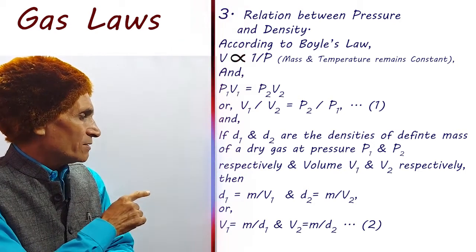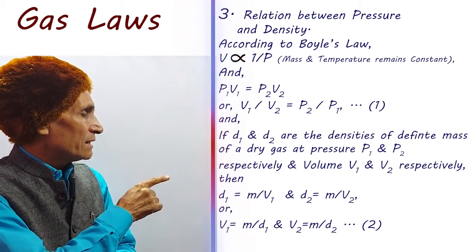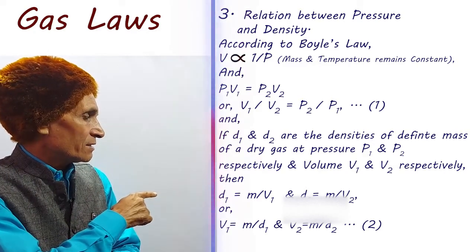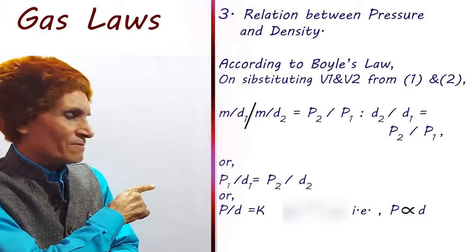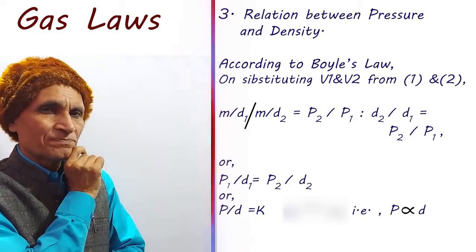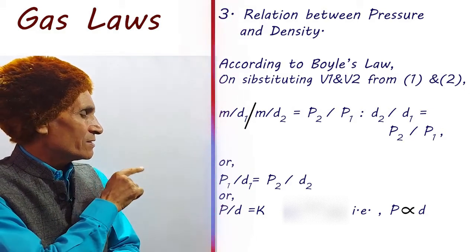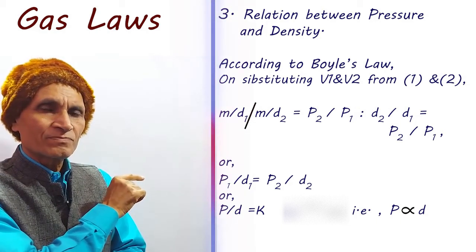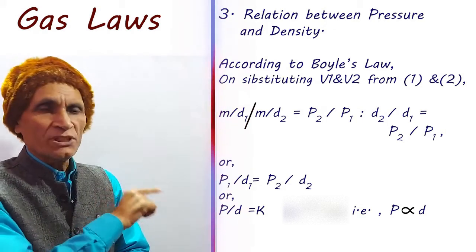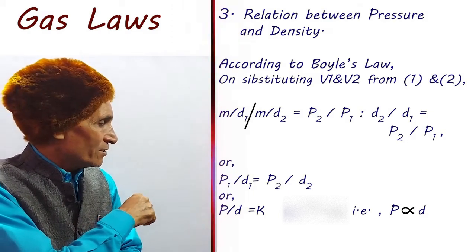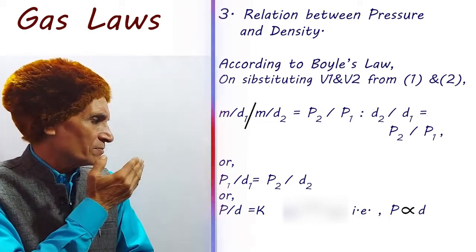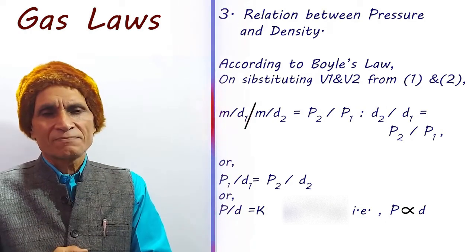On substituting V1 and V2 in equation 1, what value is coming then? V1 equals m by D1, and when the V1 and V2 values are put in, this relation is shown, and ultimately we get P proportional to D, or D proportional to P, or P by D equals constant.